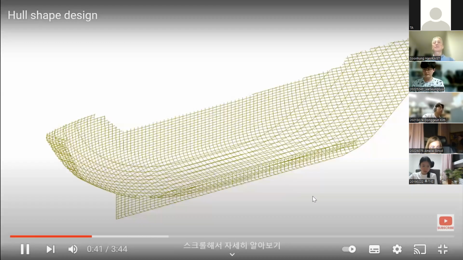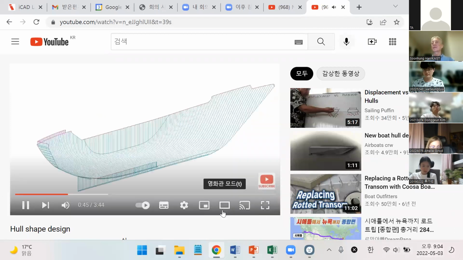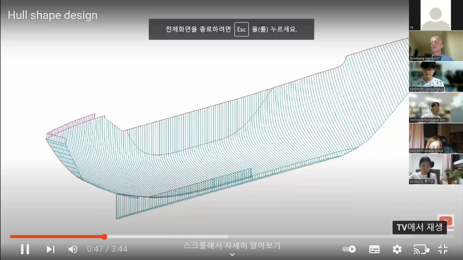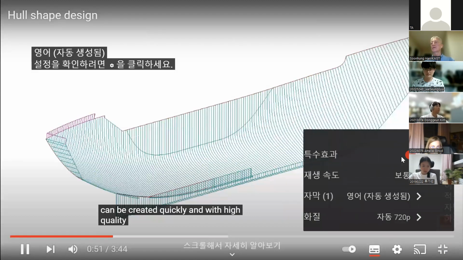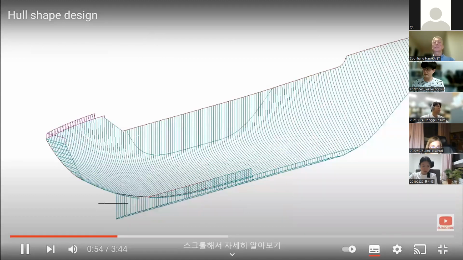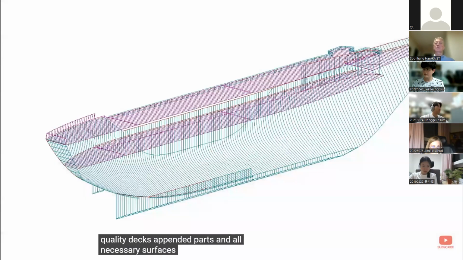We can use even paper drawings if necessary. Based on initial information, hull surface can be created quickly and with high quality. Decks, appended parts, and all necessary surfaces can also be created.